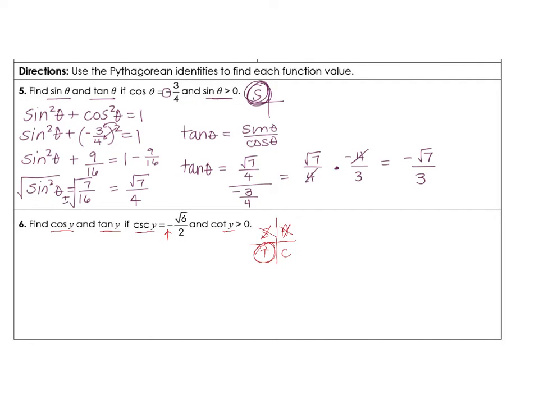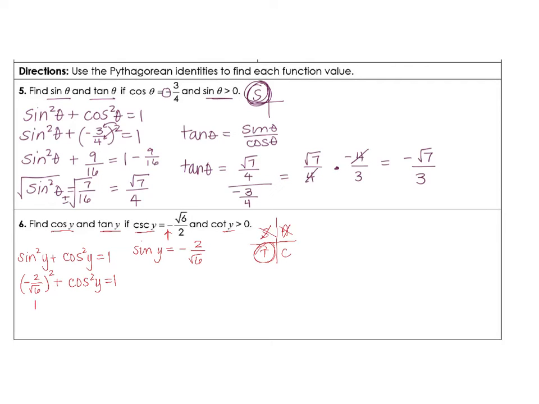Now this portion here, cosecant, that means that I know that sine of y is negative 2 over the square root of 6. And so I can use that because I know sine squared of y plus cosine squared of y is equal to 1. So I'm going to substitute in. So I have negative 2 over the square root of 6, all squared, plus cosine squared of y equals 1.